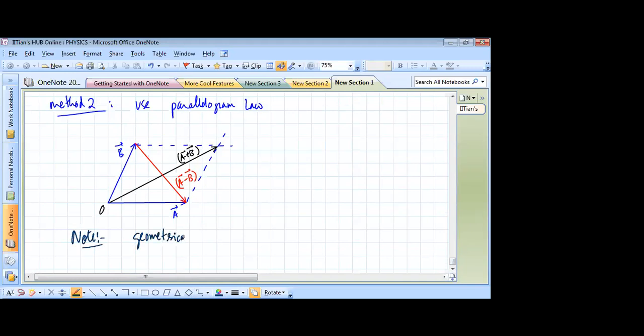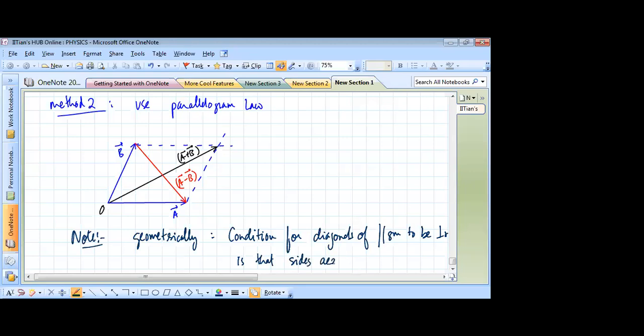Geometrically, the condition for the diagonals of a parallelogram to be perpendicular is that sides are equal.